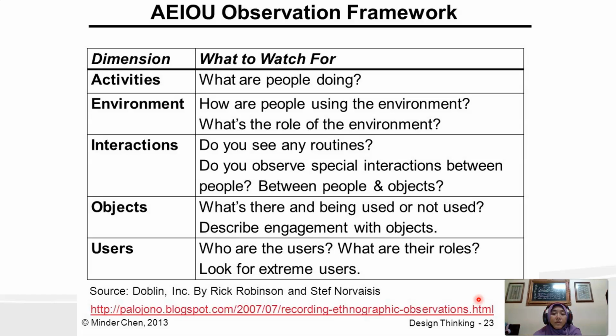Environment is how people are using the environment. Interaction: do you see any routines? Do you observe special interactions between people or objects? Objects is what is there and being used or not used. And users: who are the users, and what are their roles? So this is the observation using the AEIOU framework.